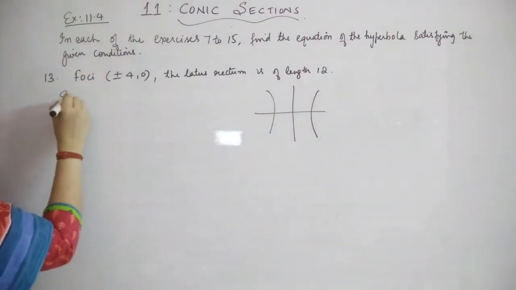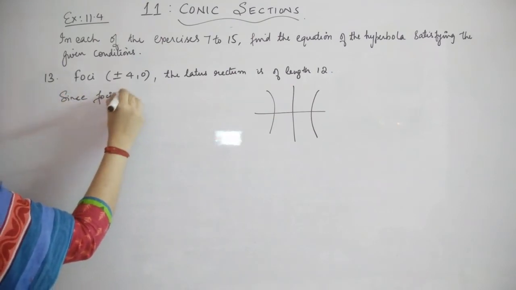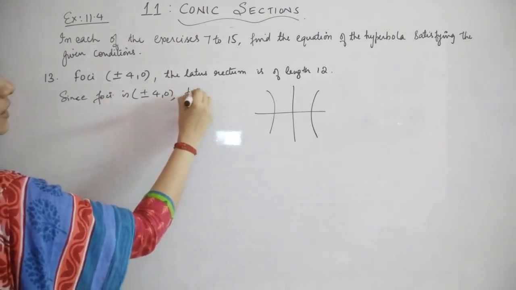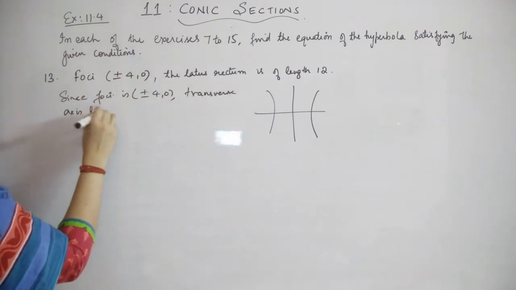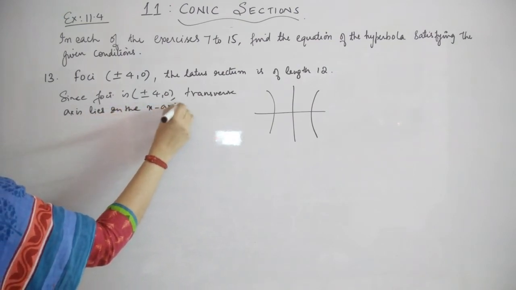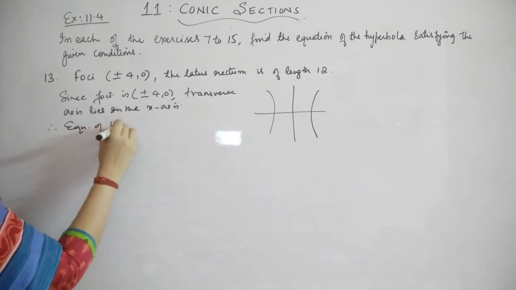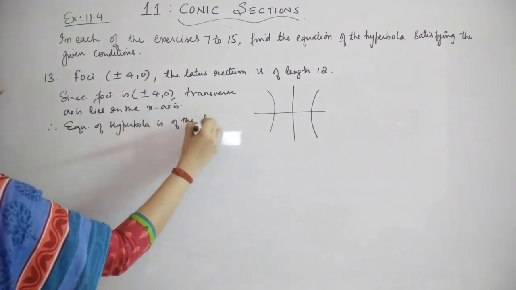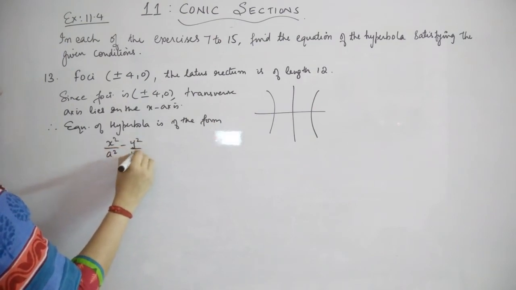Since foci is plus or minus 4, 0, you have the transverse axis lies on the x-axis. That means the equation of the hyperbola you should take it as x square by a square minus y square by b square equal to 1.